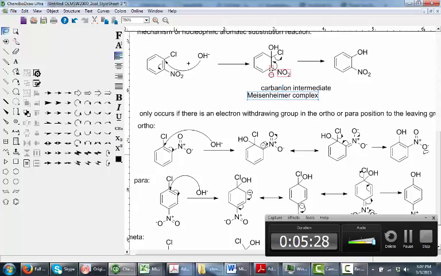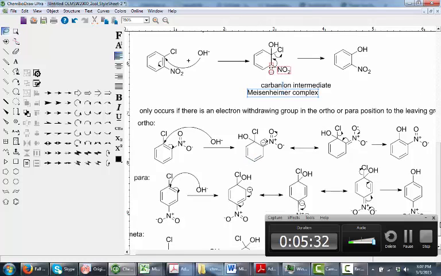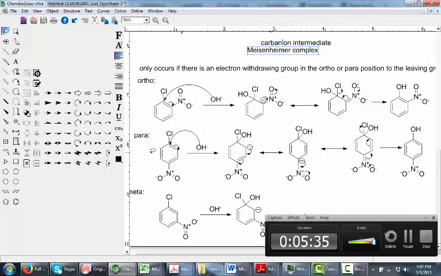We can see that for the ortho substitution, when I have the nitro group ortho to the carbon that's being attacked. I can also see analogous resonance stabilization for the para substitution product. Here the OH minus comes, attacks the carbon bearing the chloride, and we form an anion at this position. That anion can now be resonance stabilized at this position here, and once it's at this position, the carbon directly attached to the nitro, it can be further stabilized by delocalizing through the nitro up to this oxygen.